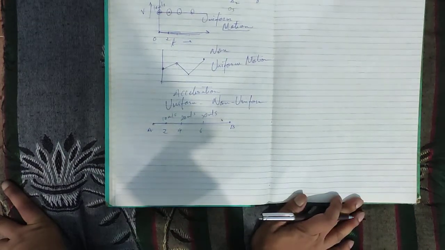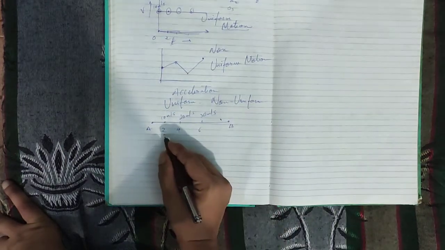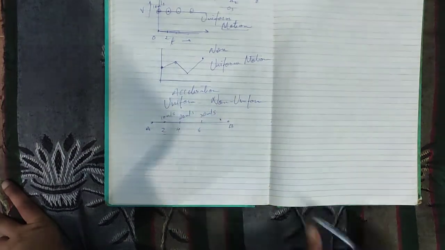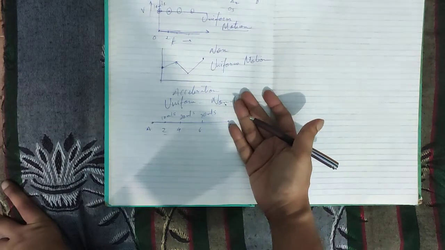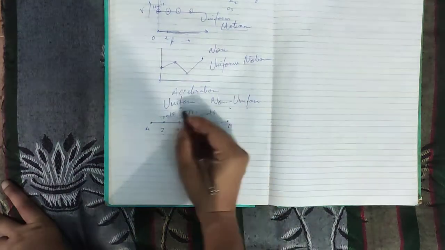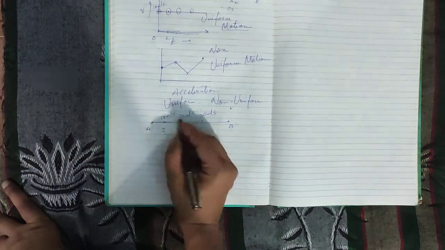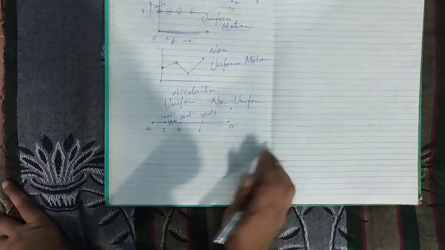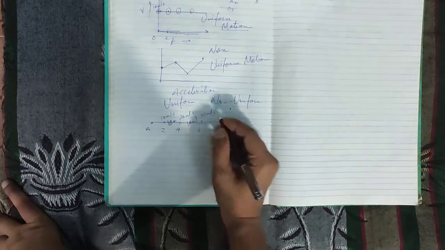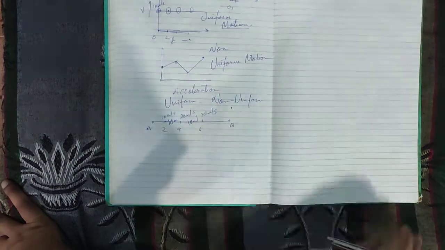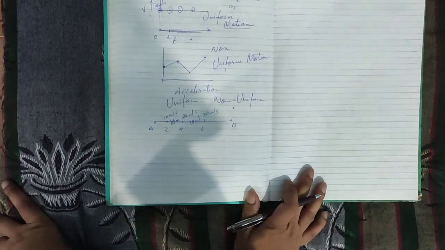So as you can see, velocity increases in equal intervals. At first interval its velocity increases by 10 meters per second, in second case again 10 meters per second, and in third case it goes on and on. So this is the example of uniform acceleration that we already studied.